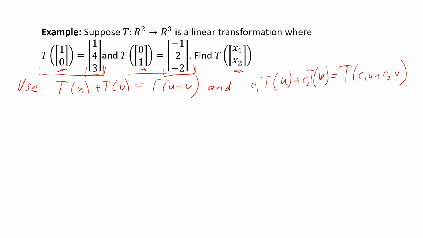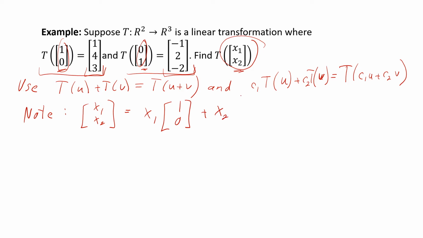So I have these two vectors I'm starting with, 1, 0, and 0, 1. What I'm going to do is figure out a general equation, how I combine those two vectors to get my x1, x2. And we're just going to note that x1, x2 is equal to x1 times 1, 0 plus x2 times 0, 1.